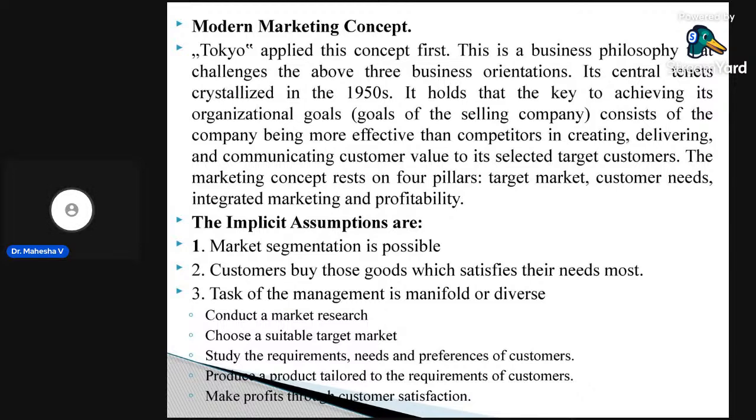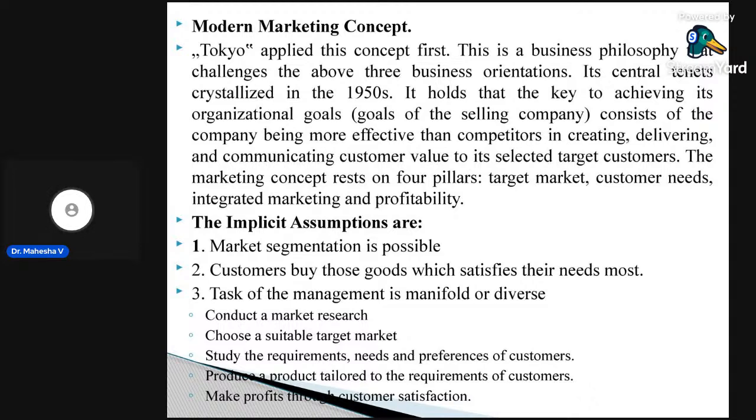And the last one is make profit through customer satisfaction. If you are aiming at increasing the profitability of the company, it will follow when you have more and more customers who are satisfied.